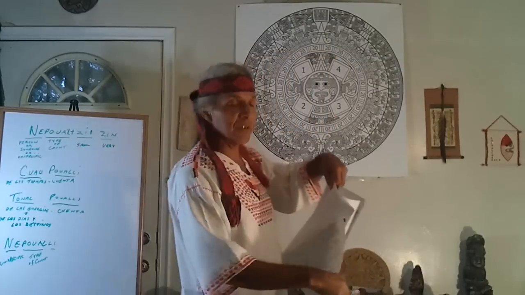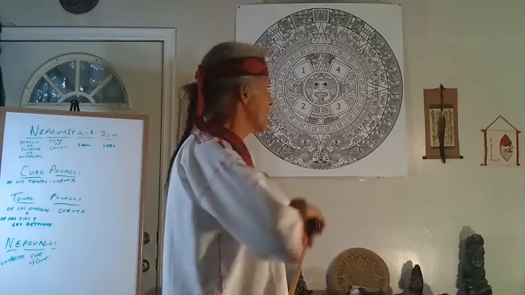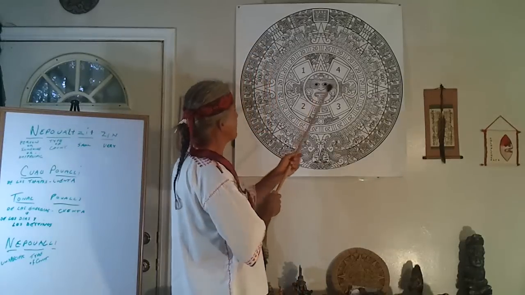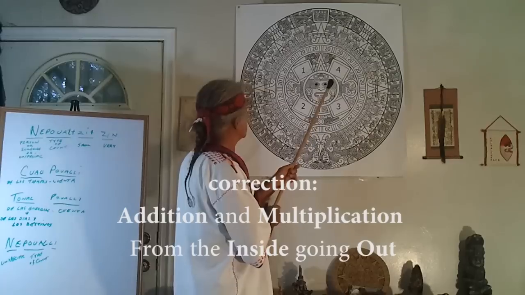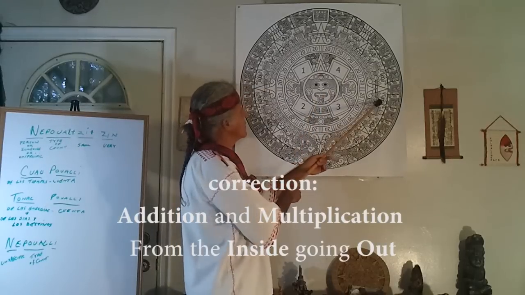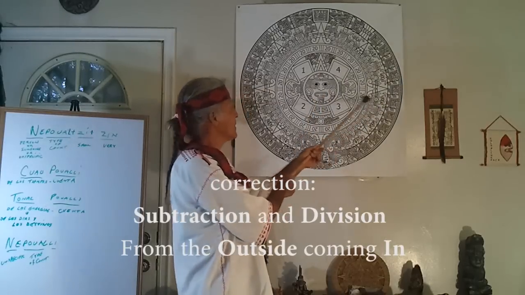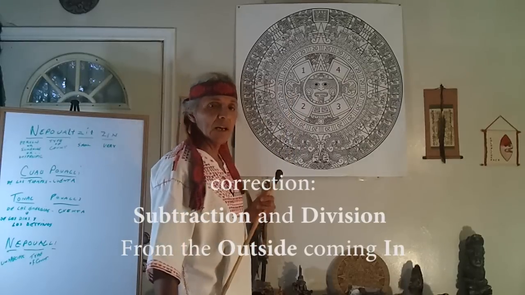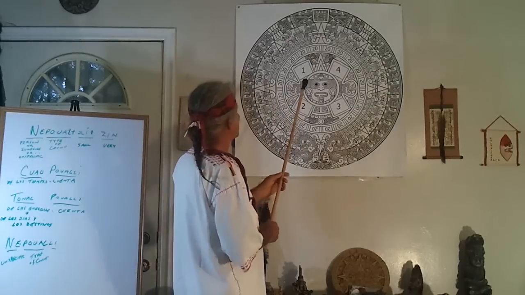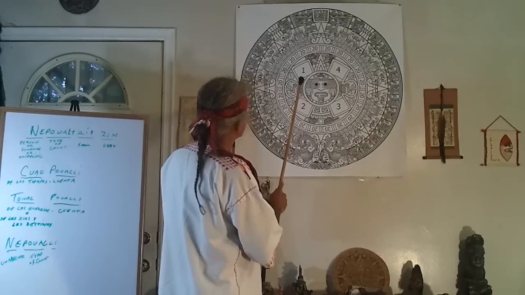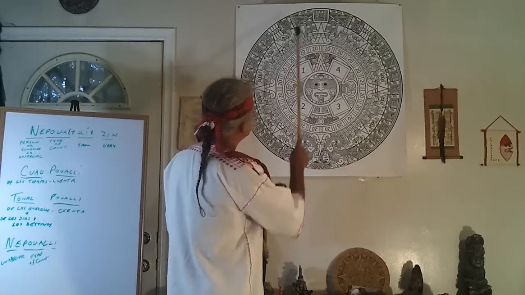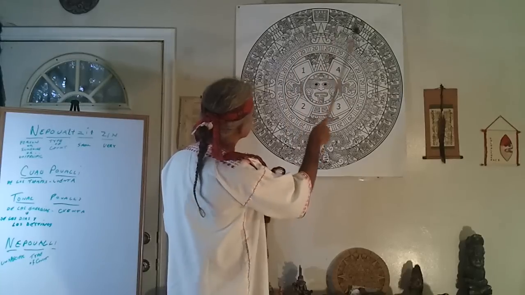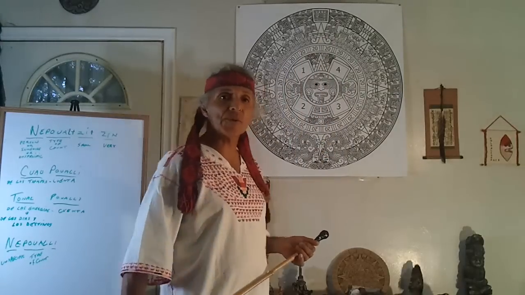Now, in this case, as you see the circular patterns, it's a little bit different. We're starting from the center and working out, and from the outside and working in. For addition and subtraction, we work from the inside going out, and for multiplication and division, we go from the outside coming in. How is that? Very simple. You have to remember, first of all, you have 7 circles.